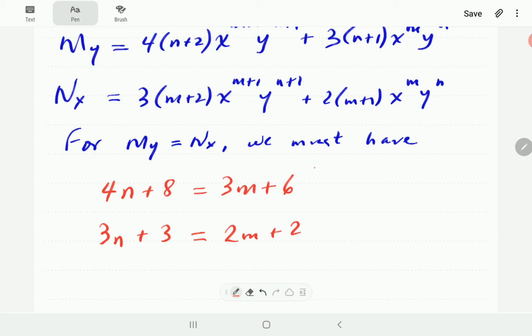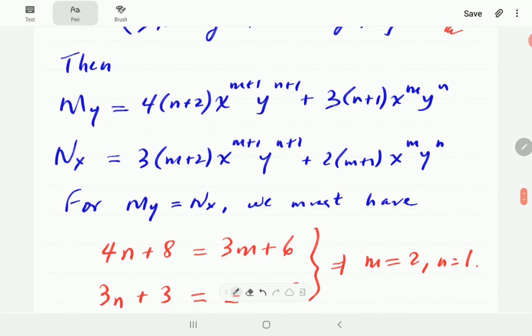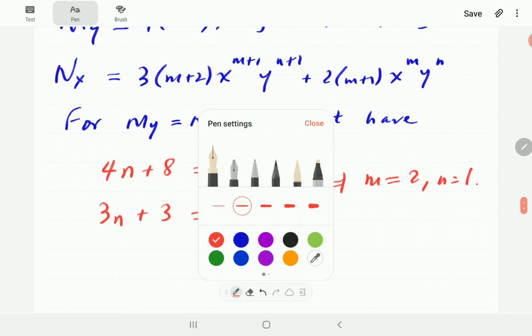So it's a linear simultaneous system of equations. Solving this, we get m is 2 and n is 1.